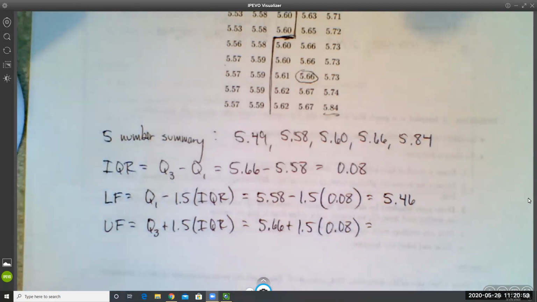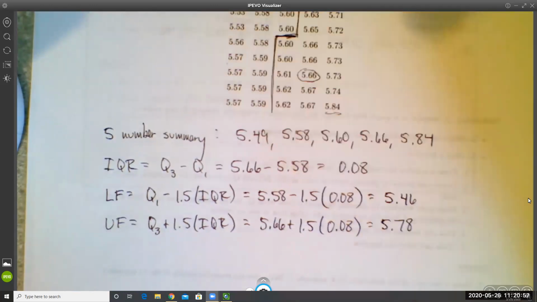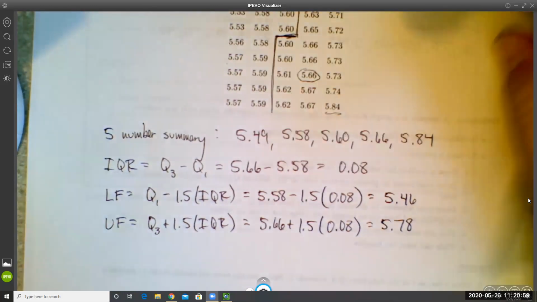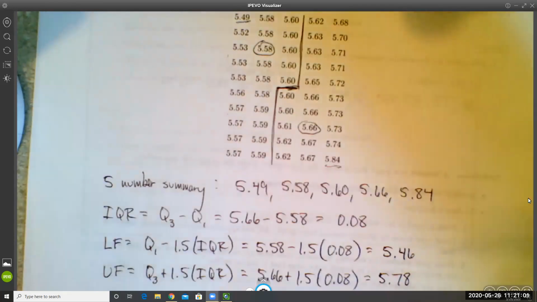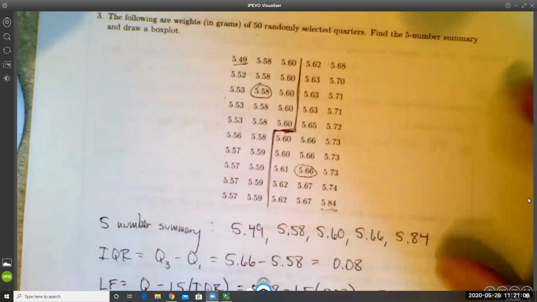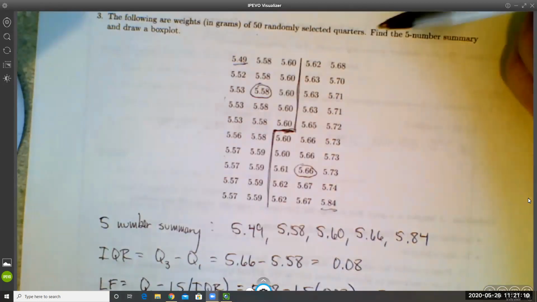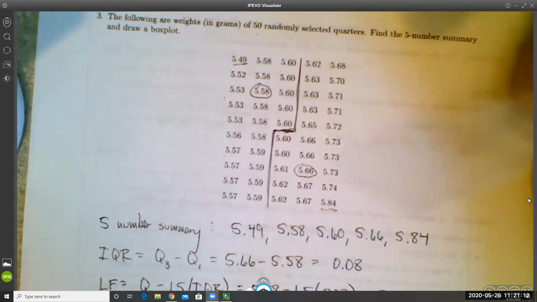That comes out to 5.78. So now, do we have any outliers? On the lower end, we would have outliers if we had values below 5.46. But we don't. The smallest value is 5.49. So no outliers on the lower end.